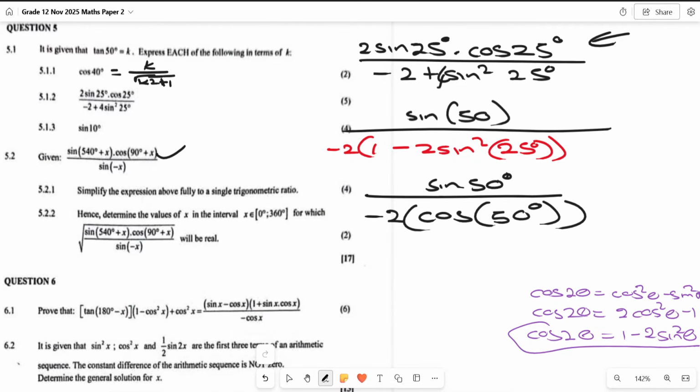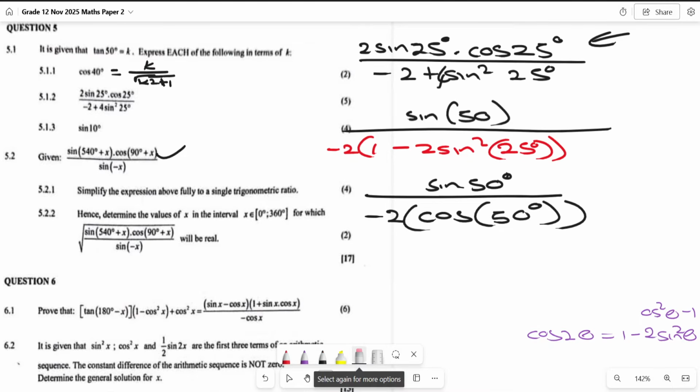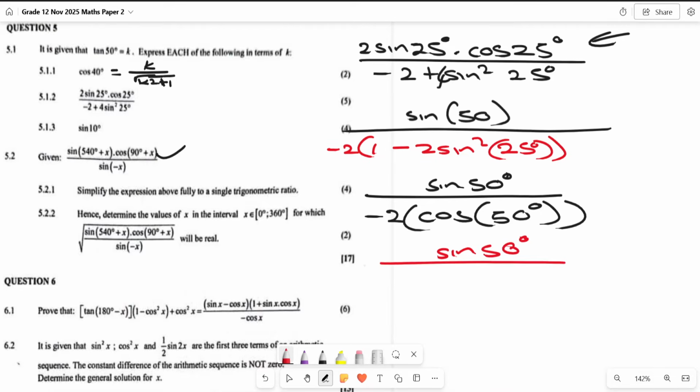And now let's just simplify this, which won't be difficult. Let's look at it. The numerator is going to be sine 50 degrees all over minus 2 cos 50 degrees. Guys, don't even go and waste your time by substituting at this stage.